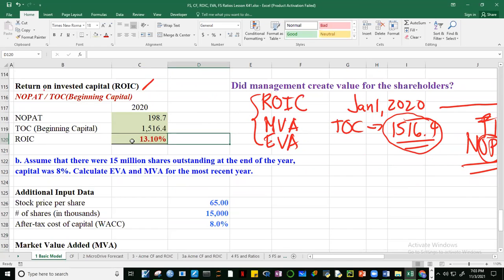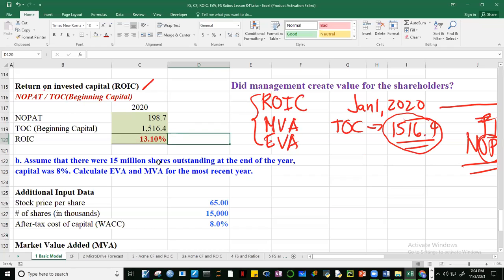Because ROIC can be negative, because NOPAT can be negative. If NOPAT is negative, then automatically our ROIC is negative. So if our return on invested capital is negative, then that means we destroyed value for the shareholders. That means we're losing.